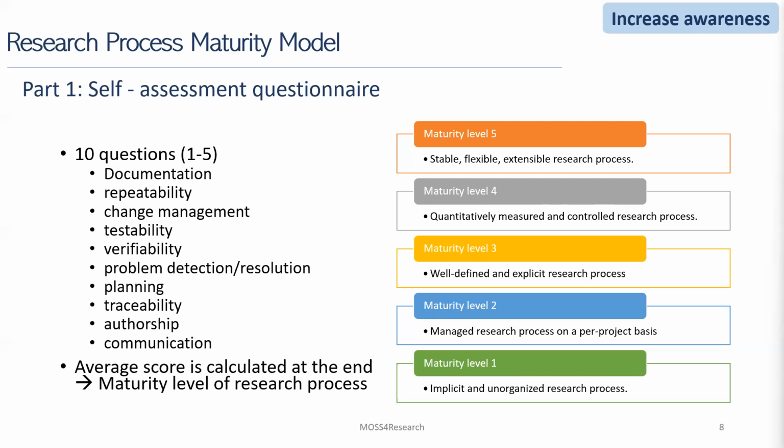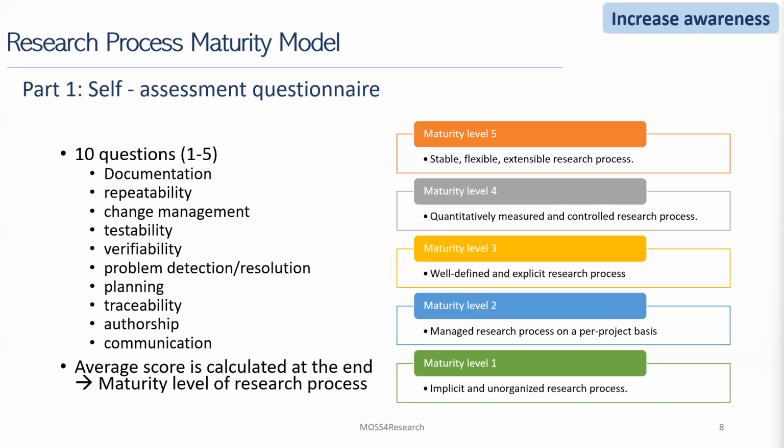Level 3, the group has put forward a more systematic approach that can be largely followed in all research projects within the same group. Level 4, the group has also begun to gather metrics about the processes itself, like productivity rate, reproducibility rate, and so on. And these metrics eventually are used in retrospect to assess how a project conforms to the applied process.